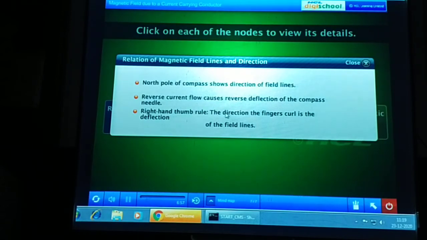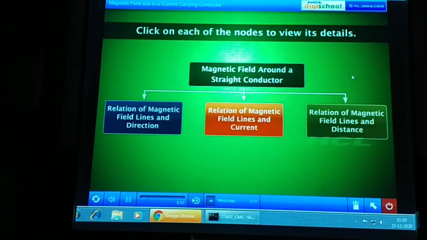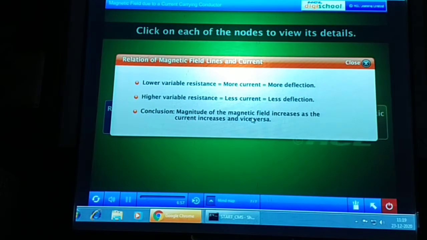Right hand thumb rule: the direction of fingers gives the direction of the field lines. Relation of magnetic field lines and current: lower available resistance, more current, more deflection. Higher available resistance, less current, less deflection.